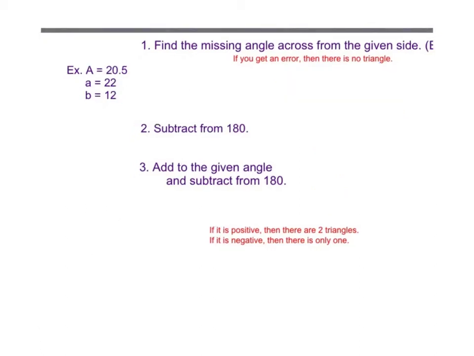Okay, here's another example. We have A is 20.5, we have the side opposite is 22, and B is 12. And so we want to do this again. We're just going to start by finding the missing angle across from the given side. So we have the sine of 20.5 over 22 is equal to the sine of B over 12.